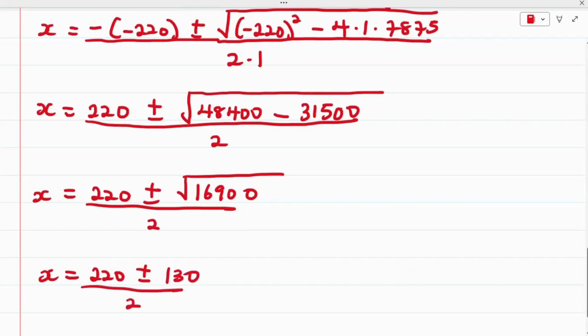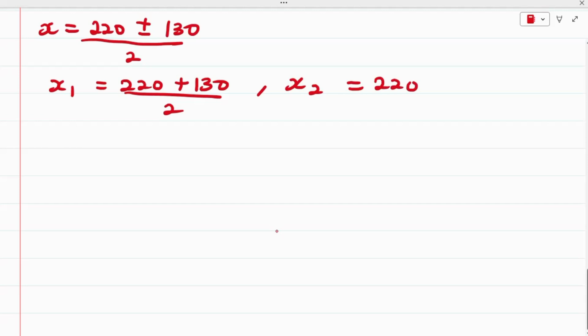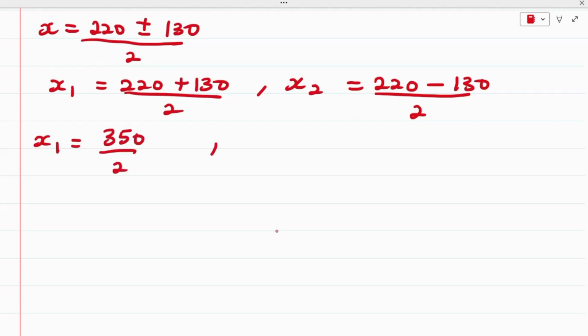So x is equal to 220 plus or minus the root of 16,900, which is 130, divided by 2 right here. So from here we can easily have that x1 is equal to 220 plus 130 divided by 2, and x2 is equal to 220 minus 130 divided by 2. So x1 is equal to 220 plus 130, which gives us 350, divided by 2, and x2 is equal to 220 minus 130, which gives us 90 over 2.